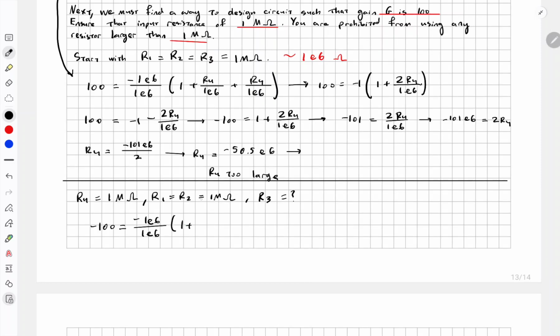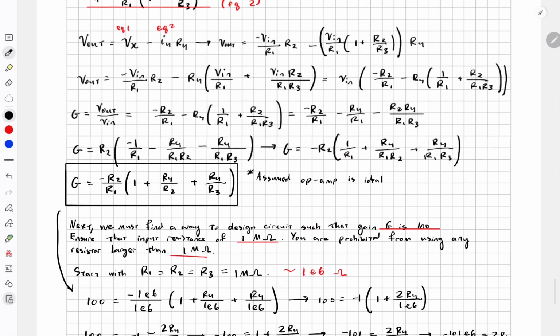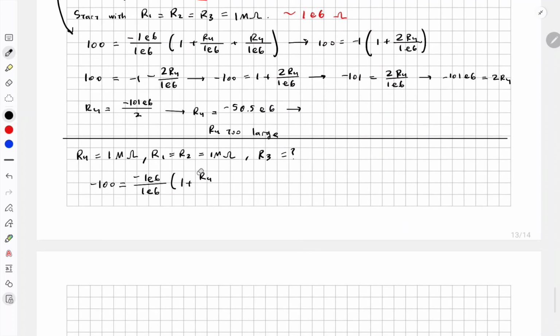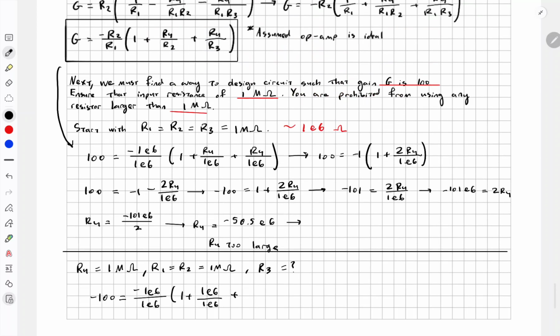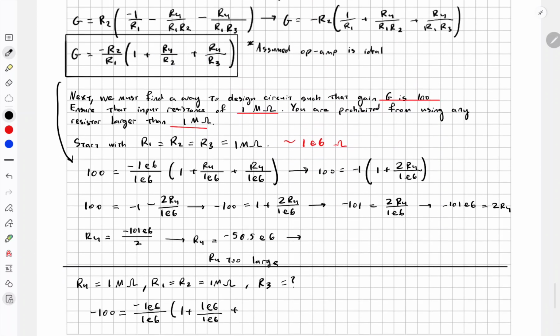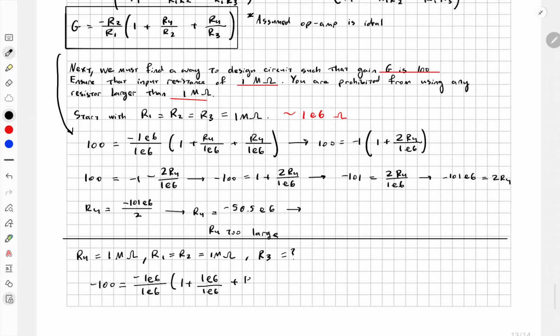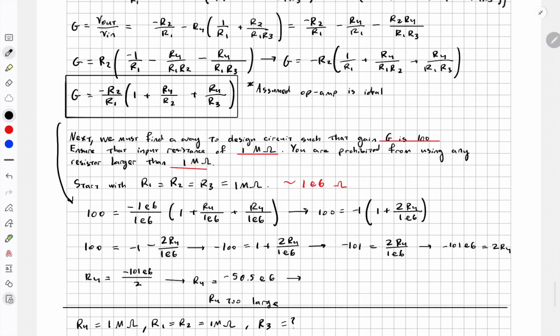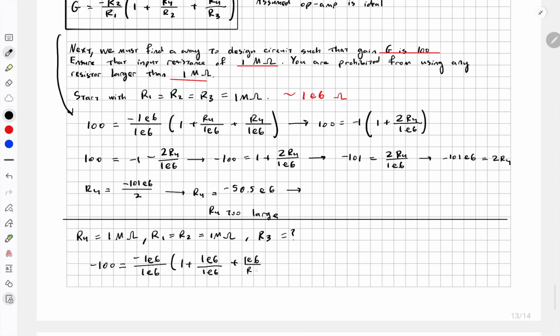Plus R4 divided by R2, plus R4 divided by R3. So again, all the resistors are 1 mega ohm except for R3. R3 we are just solving for now.